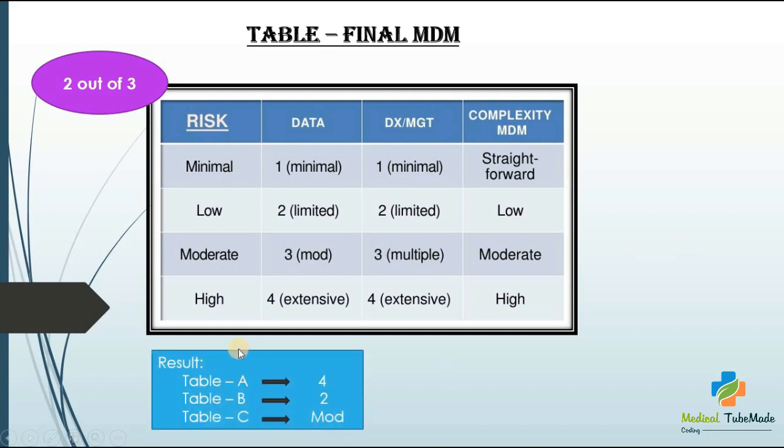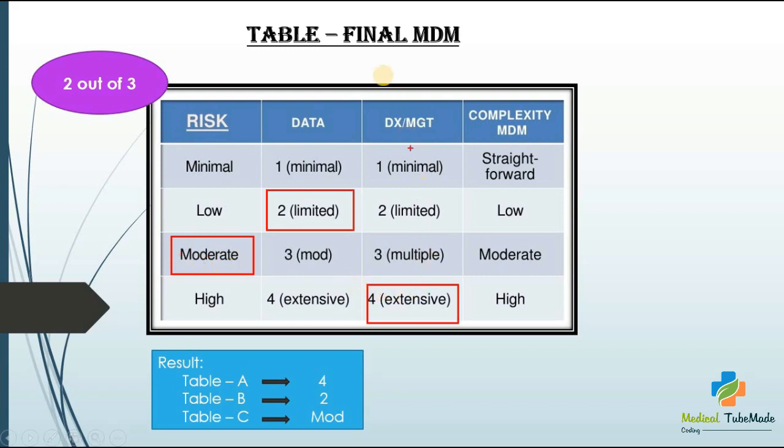Suppose table A has 4 points, table B has 2 points and table C has moderate risk. As per this example we got this result. Table A extensive, 4 points, table B limited, 2 points and table C moderate, risk is moderate.